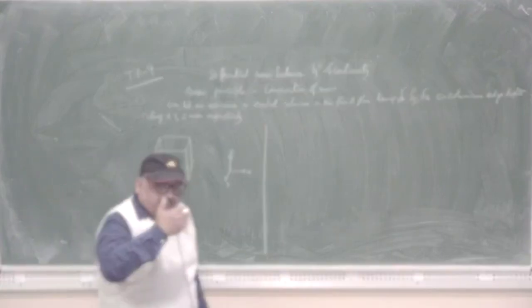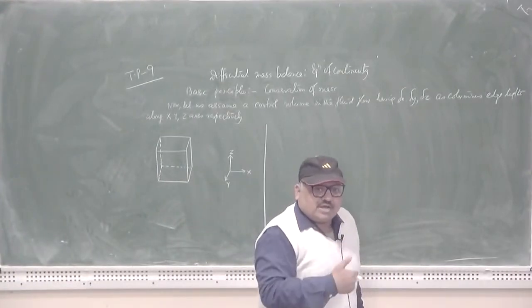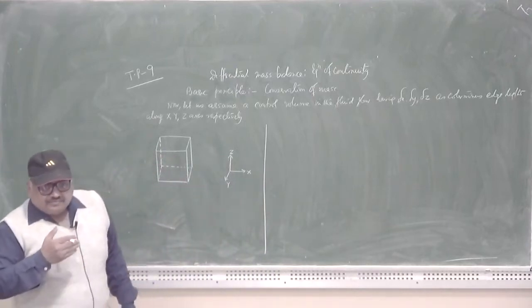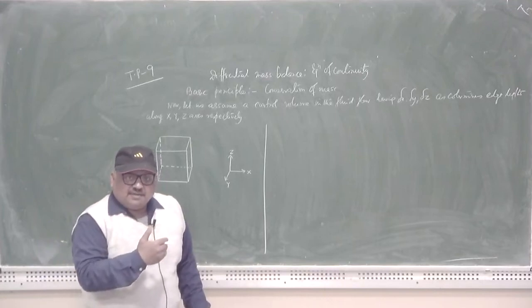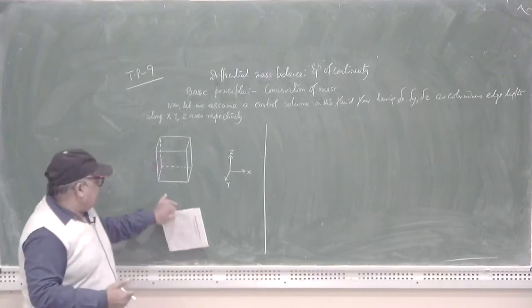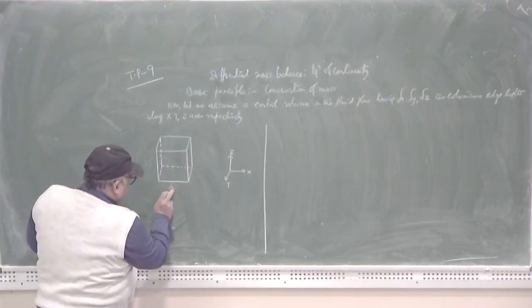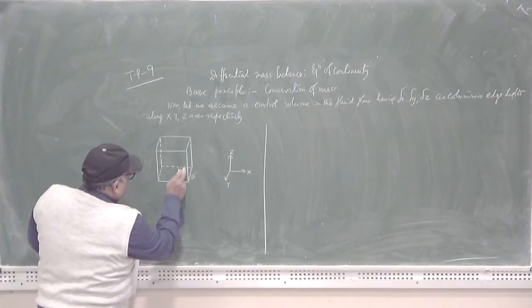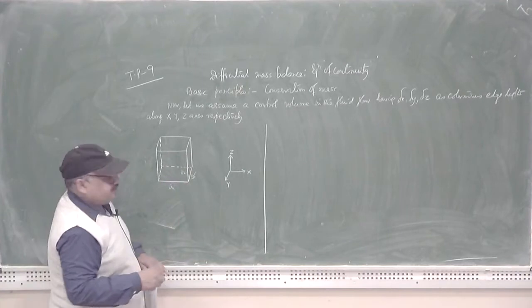If the fluid enters through one face perpendicular to the x axis, then you have to quantify how much fluid mass is entering. This is the edge length delta x, this is delta y on the y axis, and this is delta z along the z axis.